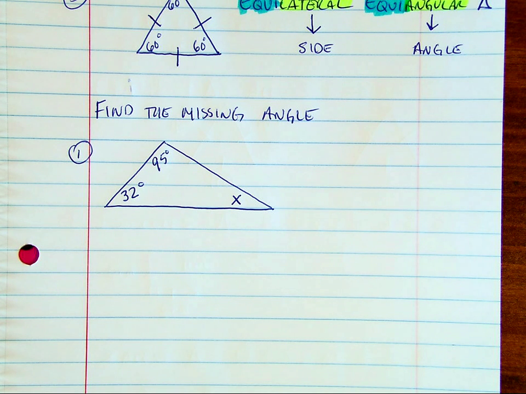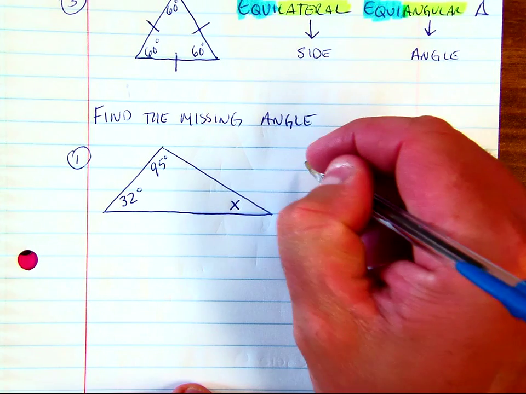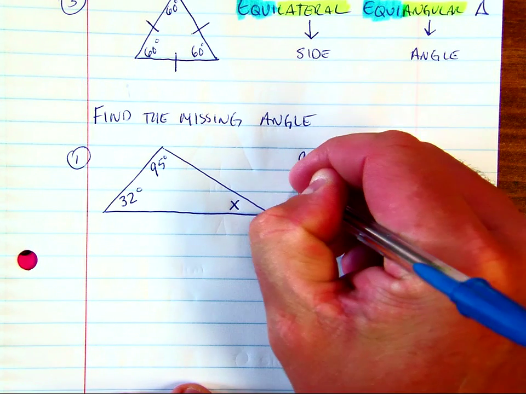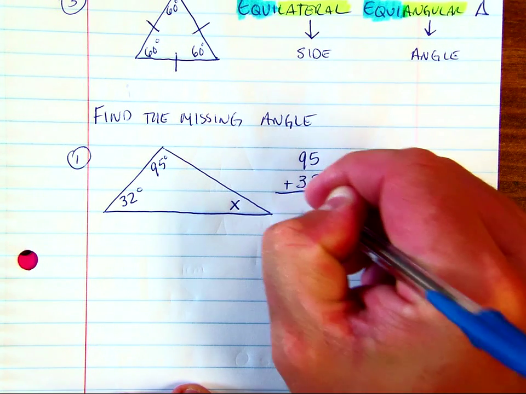We said earlier, well, Nathan said earlier, that all three angles add up to 180 degrees. So in order to find the value of that angle, we would have to add the 95 and 32 degrees together and get 127 degrees.